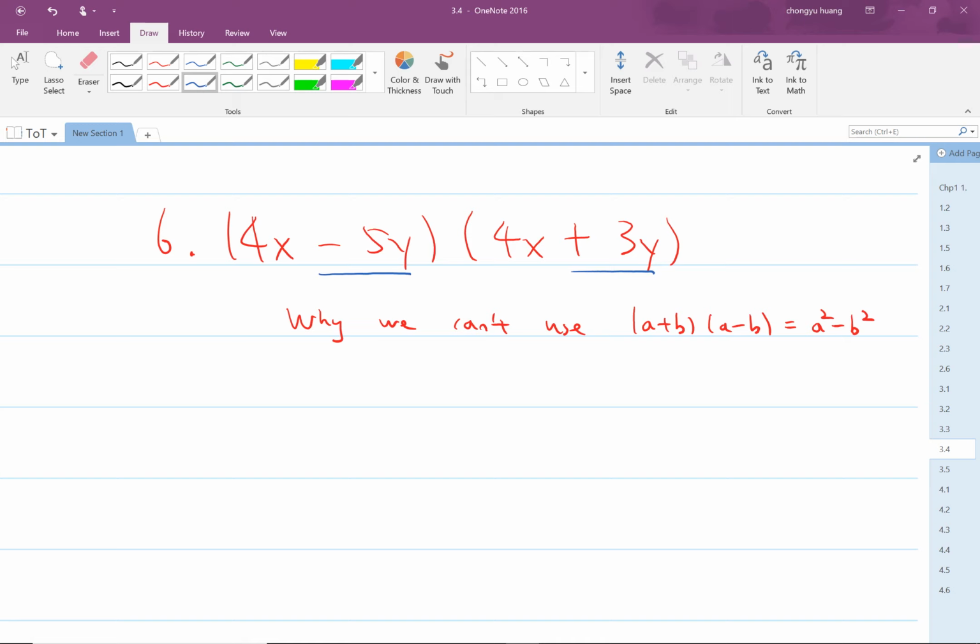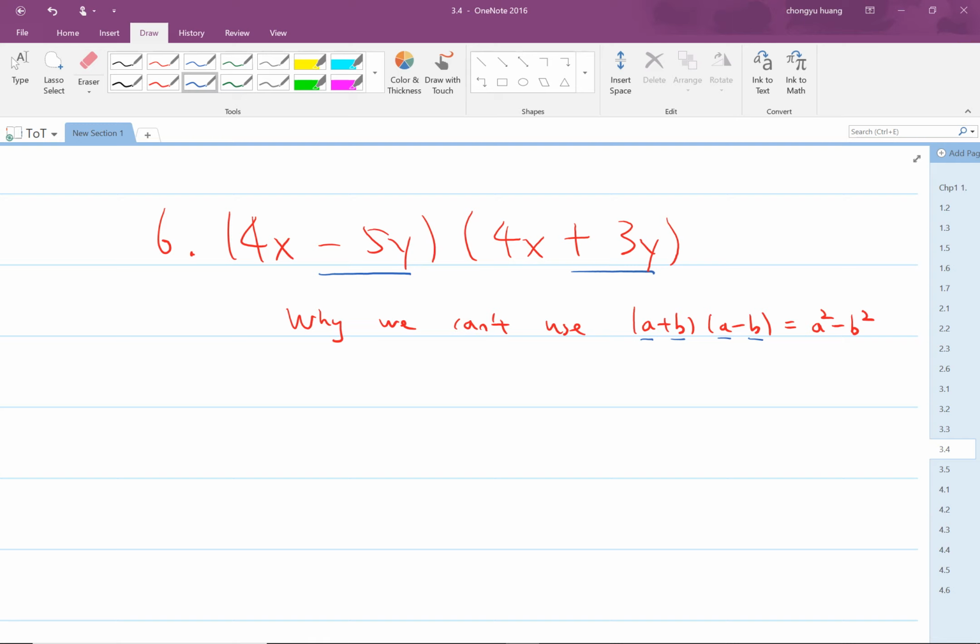One is negative 5y, the other one is positive 3y, right? So those two terms are not the same. That's why we cannot use the property, because the property is we have the same a and the same b. The only difference is the negative sign, so we have a plus b and then a minus b.